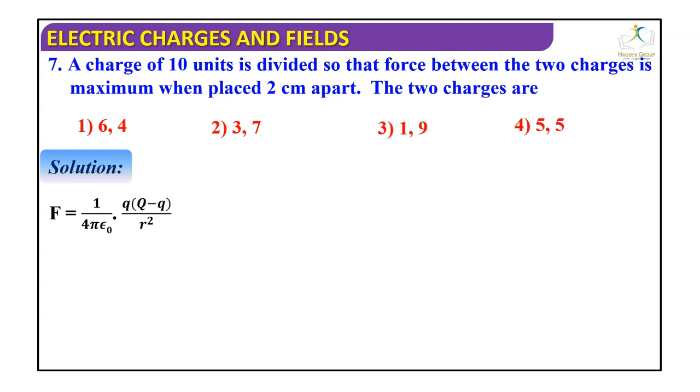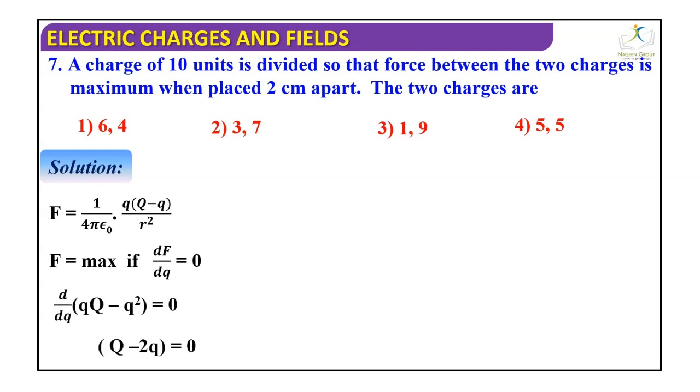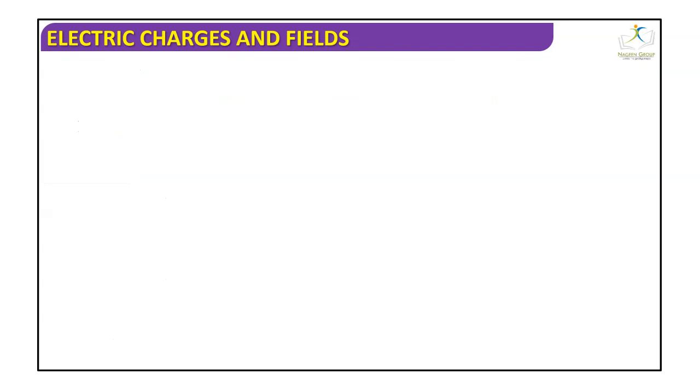So F is equal to 1 by 4 pi epsilon naught Q (Q minus Q) divided by R square. If the force is maximum, the situation is that dF by dQ is equal to 0. In this situation, we just have to differentiate this formula and we get the result.